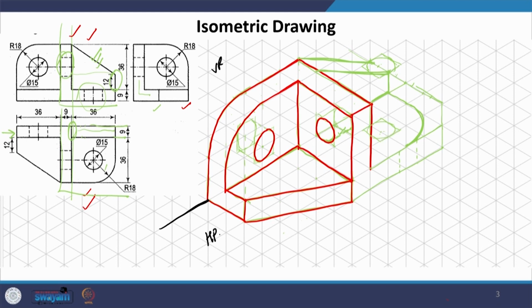Now, since this is a hollow, we will also have to arrive at where the circle in the bottom is going to be. Every time you might think that we already know that this is not going to be seen, but yet we have to properly determine that this is not going to be seen. So, this is what I have drawn here. So, I will remove this one because we know that this circle is not going to be there.